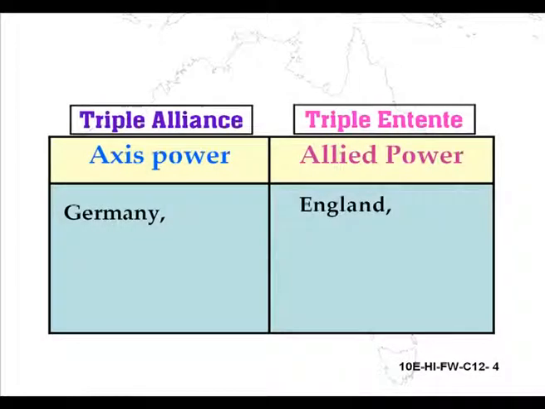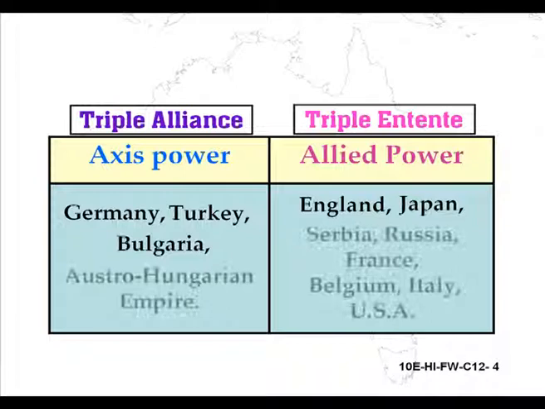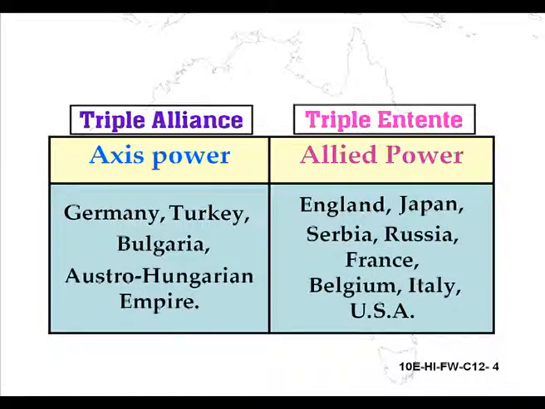For example, Turkey joined the group of Triple Alliance or Axis power. Bulgaria also joined them. Similarly, Japan took the group of Triple Entente. Like this, several other countries also joined them, but mainly two groups, Triple Entente and Triple Alliance.